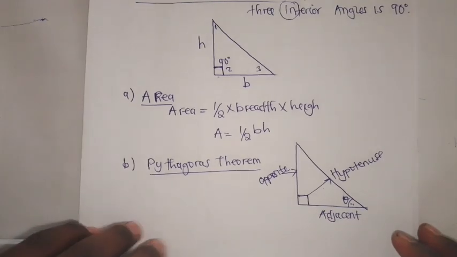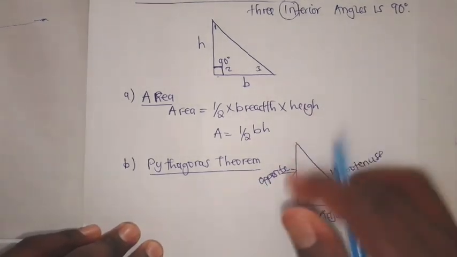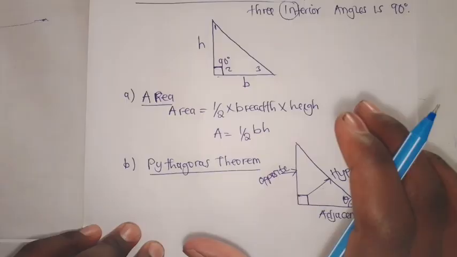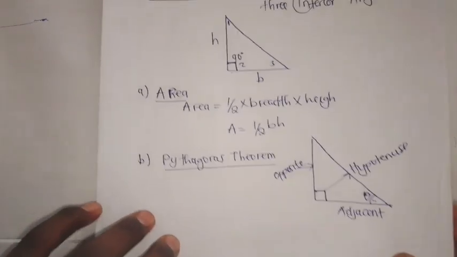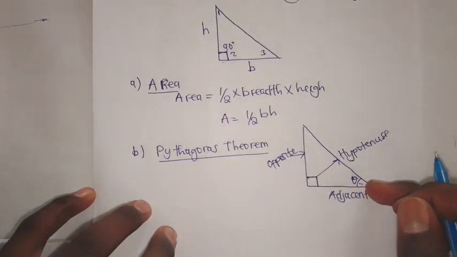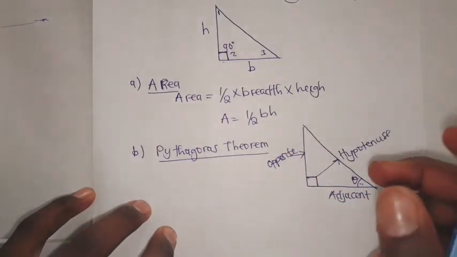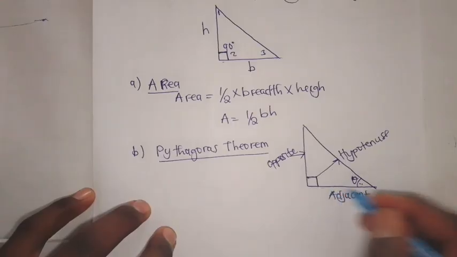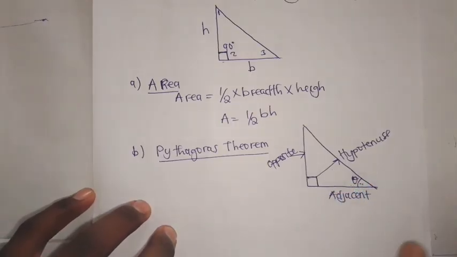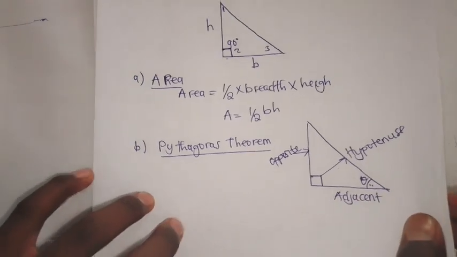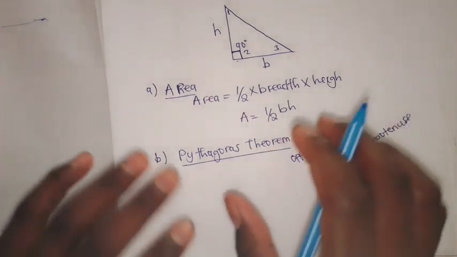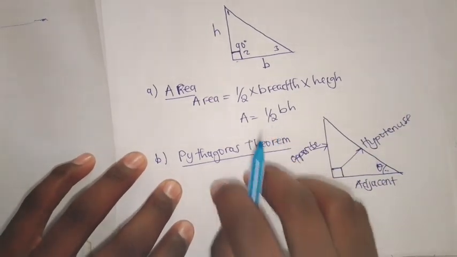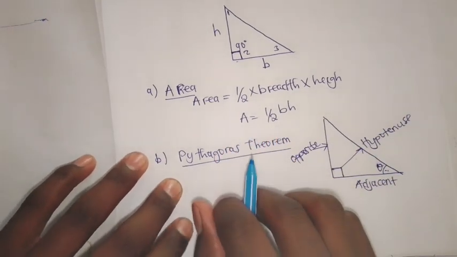So that's a trick when you're naming the sides of the right-angled triangle. Let's say you've been given this side, or maybe even this side, then you are asked to find the length of the remaining side. What can you do? I think you've learned Pythagoras theorem in grade 10.